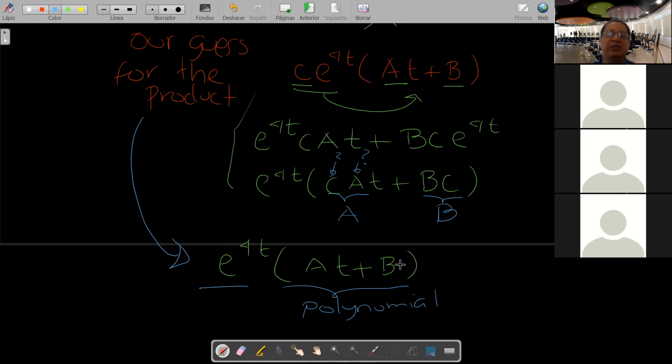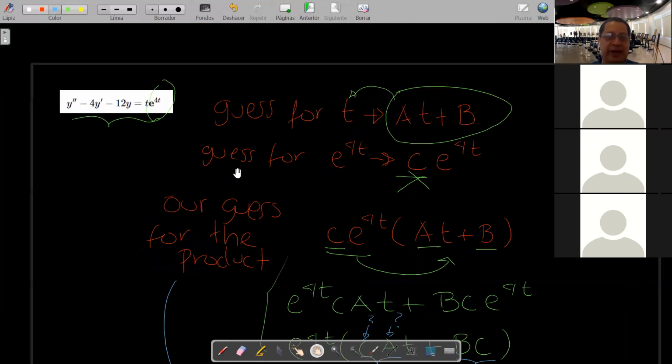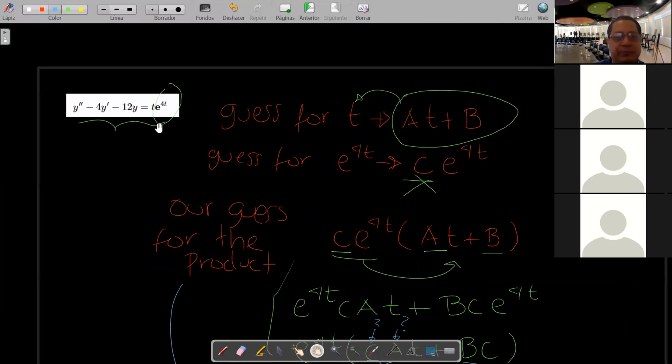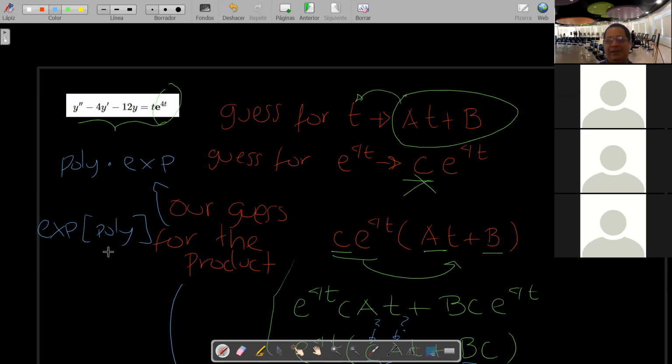So we can generalize this result by saying that whenever you have a polynomial times an exponential, your guess will be the exponential without the coefficients times the polynomial. And that will hold true for every one of the basic functions times an exponential.